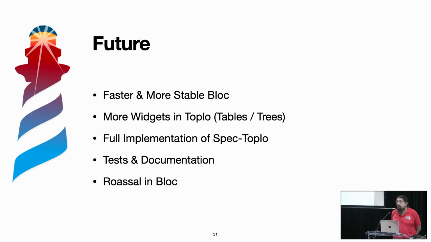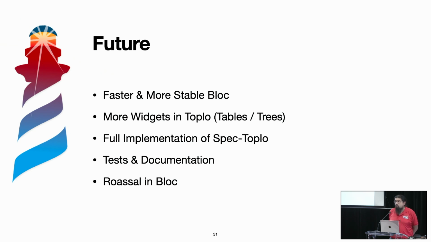One thing that got left out of this presentation, but that I don't want to miss talking about, is that we are working a lot on porting Roassal to render on top of Bloc. Why? Because Roassal is a sister library, if you want, to Toplo, since it allows us to do visualization and express things that we cannot with a set of widgets.